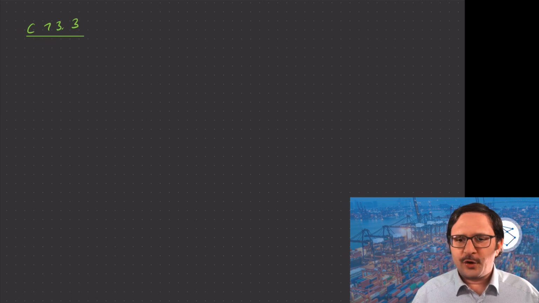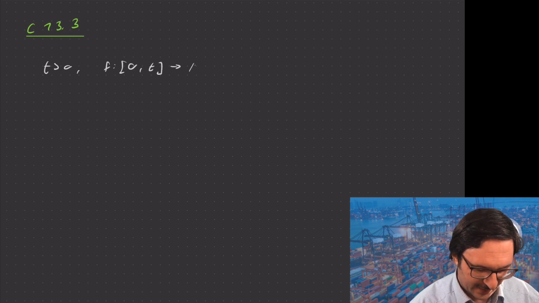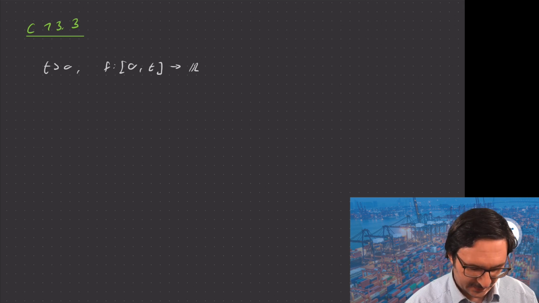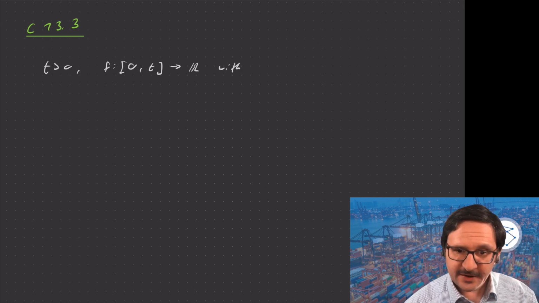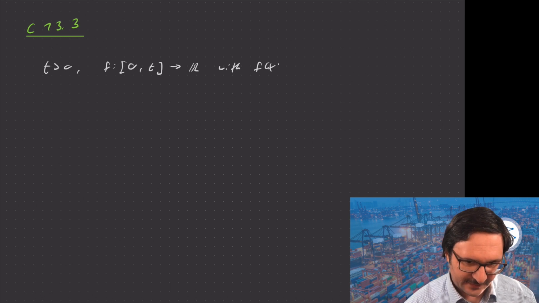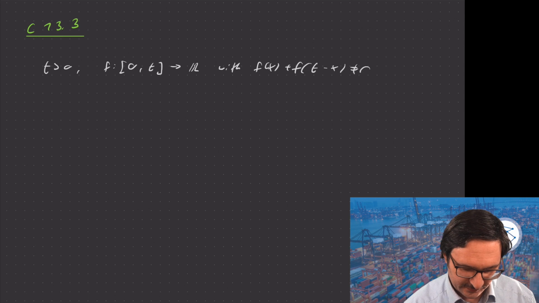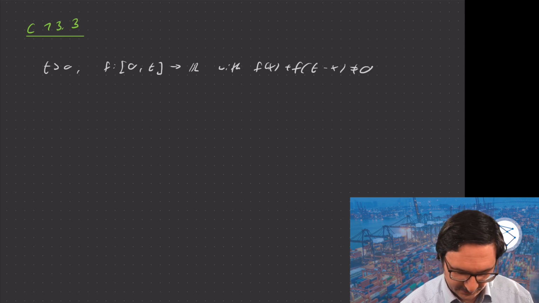This looks a little more complicated, but it actually is not. So what we are given here is first a positive number t, a function f that is defined on an interval from 0 to t and maps to R. It's continuous and it has the property f of x plus f of t minus x is not 0 for all x.